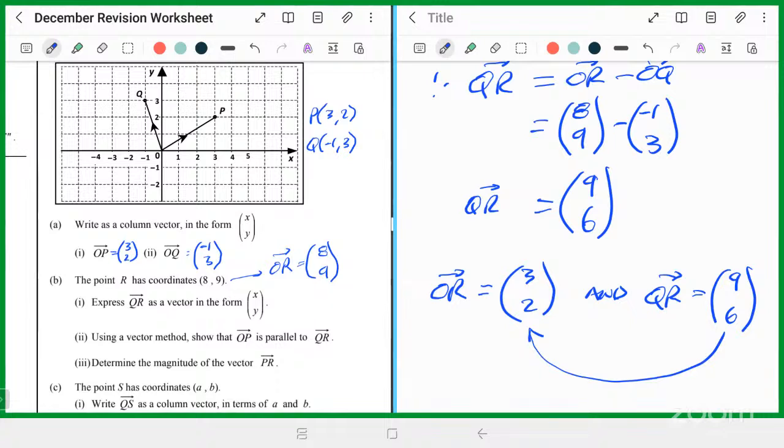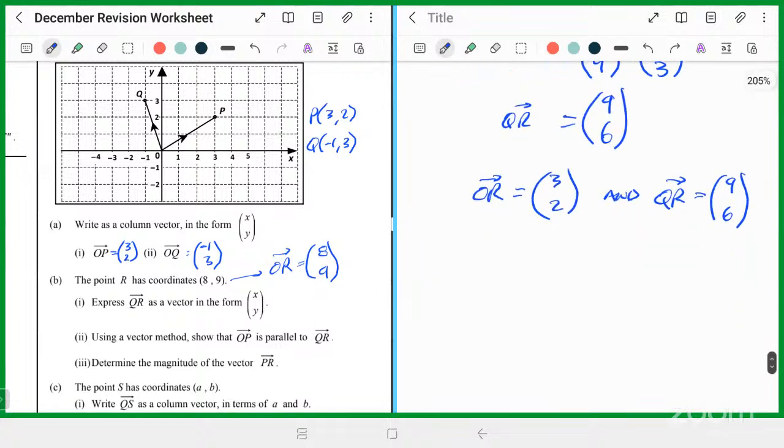3 times. When it's obvious like that, we can just write it. The big one, make sure you put the right one in. The big one equals 3 times the small one, because if you multiply the one here by 3 it becomes equal to that. You see that? So when you have simple numbers like that, we can just write it.